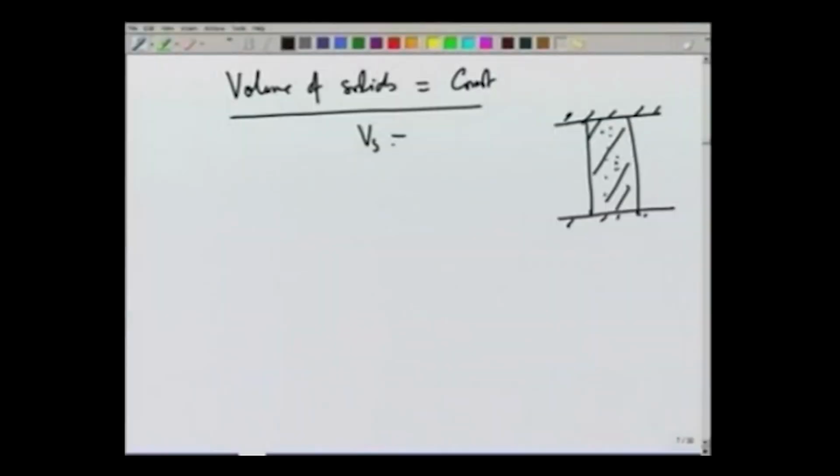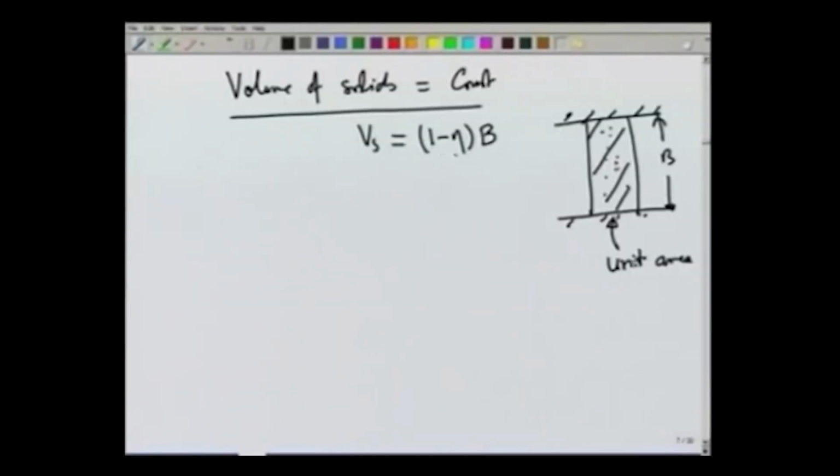Now, Vs we can write as 1 minus eta if the thickness as we have taken is B and cross section area is 1. Then the amount of solid volume present inside this unit area and height B will be 1 minus eta times B, because total volume is B. Out of that, eta B is the volume of the liquid, water in this case.